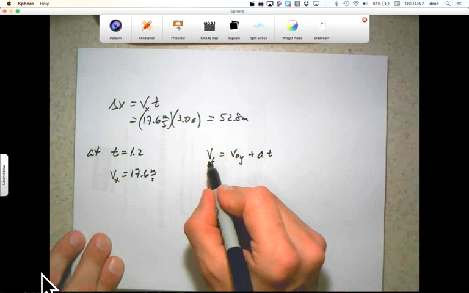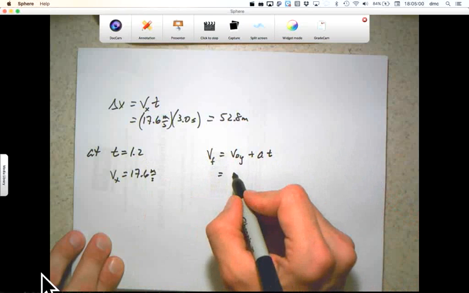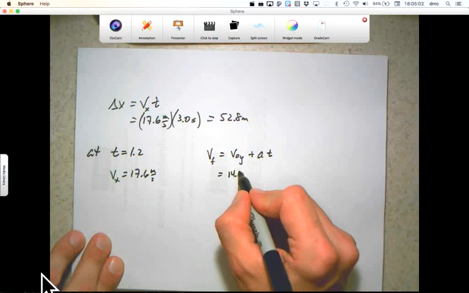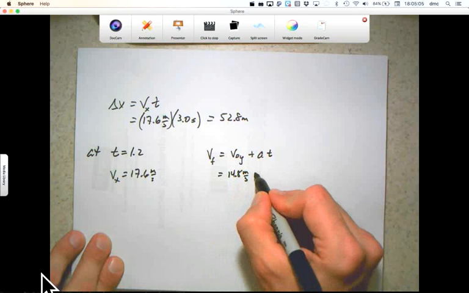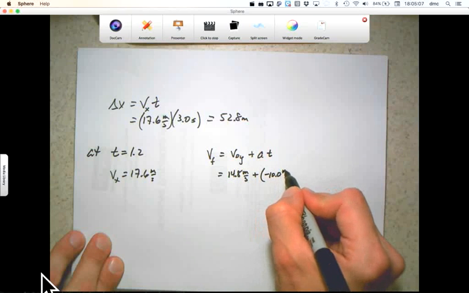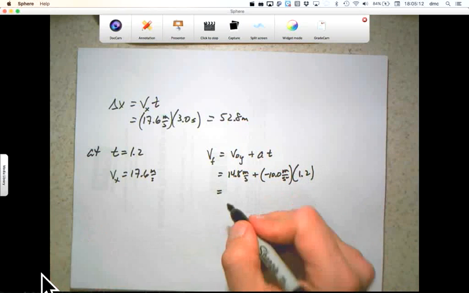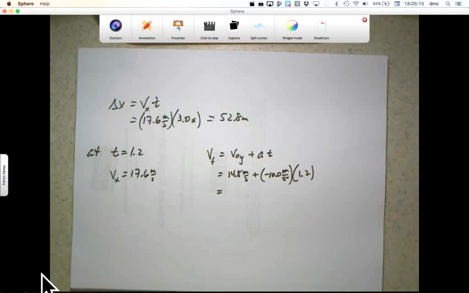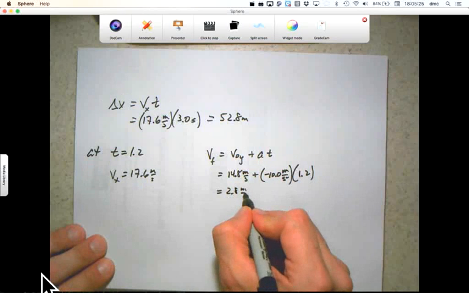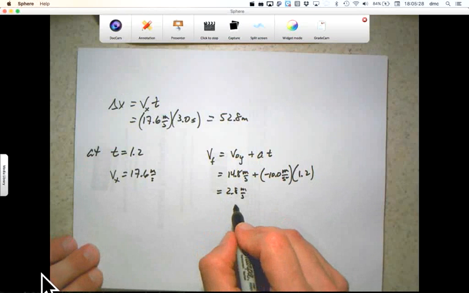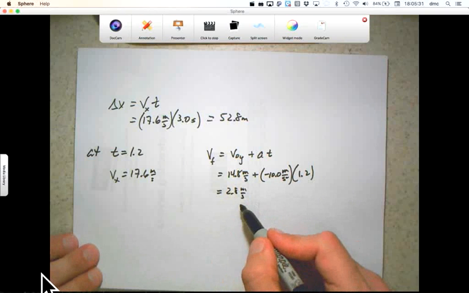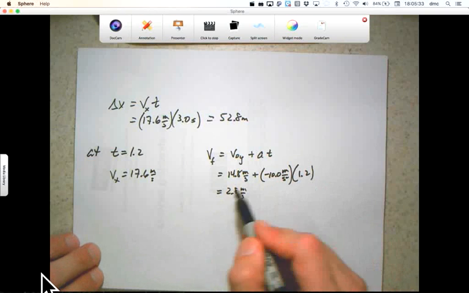My initial y velocity was 14.8 meters per second plus negative 10 meters per second squared times 1.2. So that's 14.8 minus 12, which gives us 2.8 meters per second, but it's still positive. So it's still going upward, which makes sense because it took 1.5 seconds to get to the top. So it's still on its way up, so this is positive.